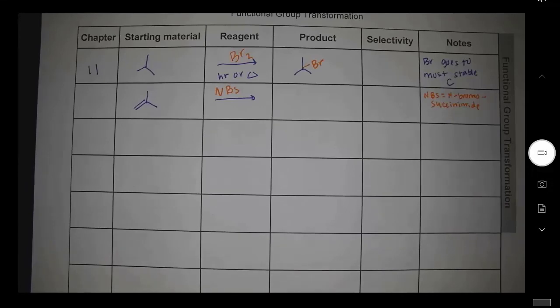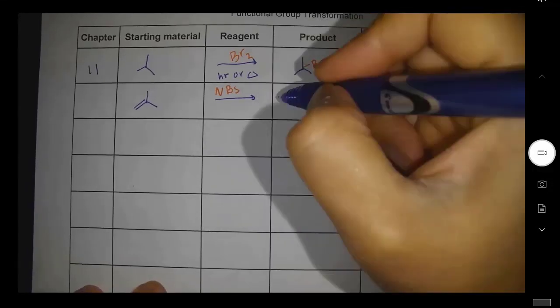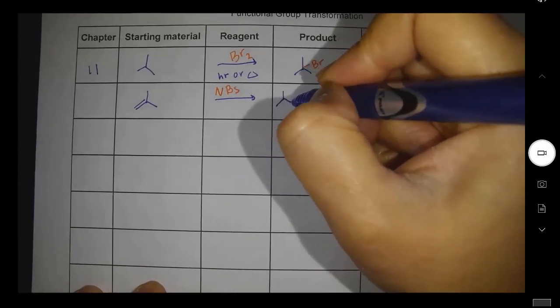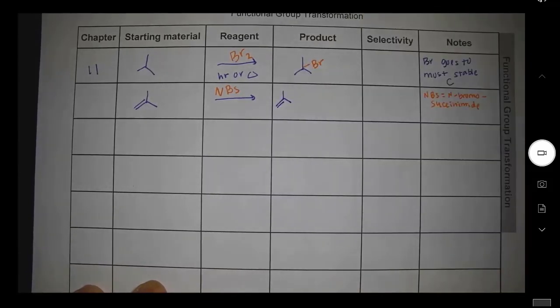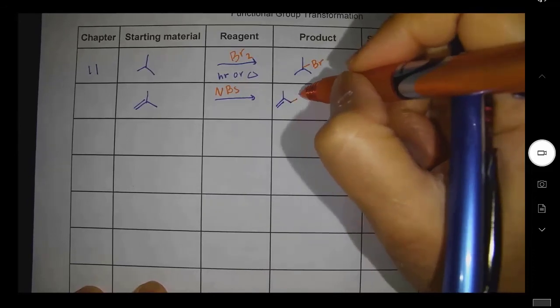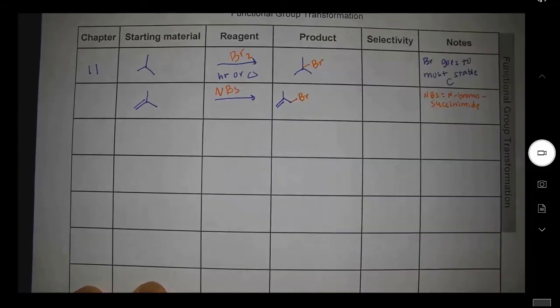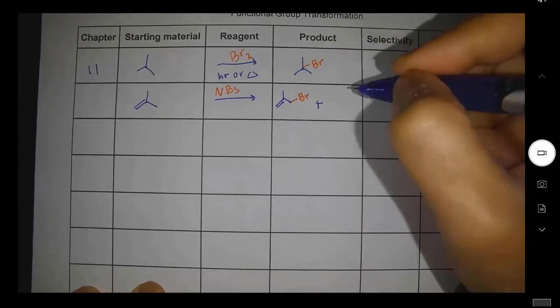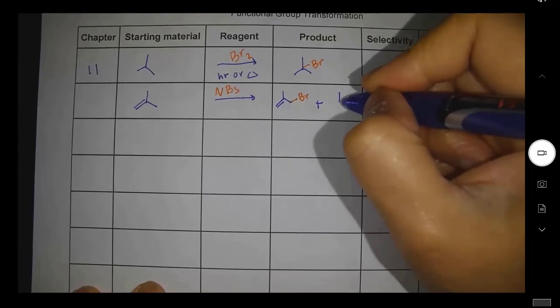That will add to the allylic carbon, which is the carbon next to the double bond. And because we have resonance here, it will add to the other side as well.